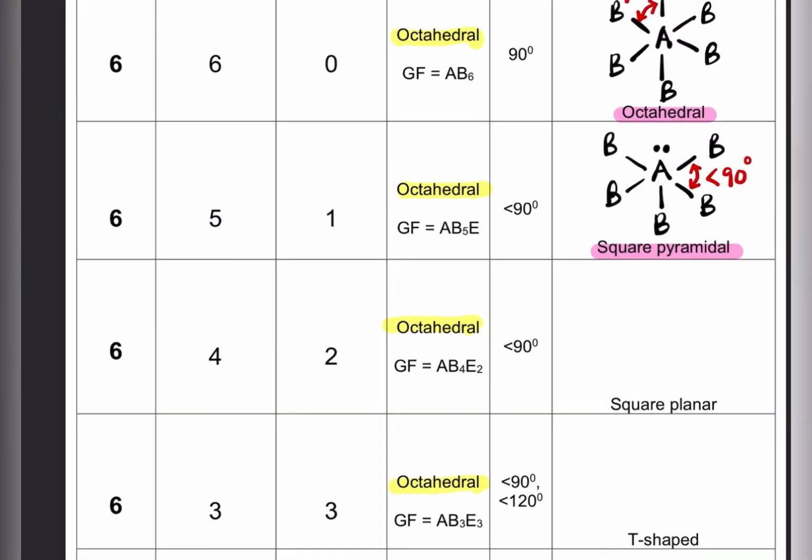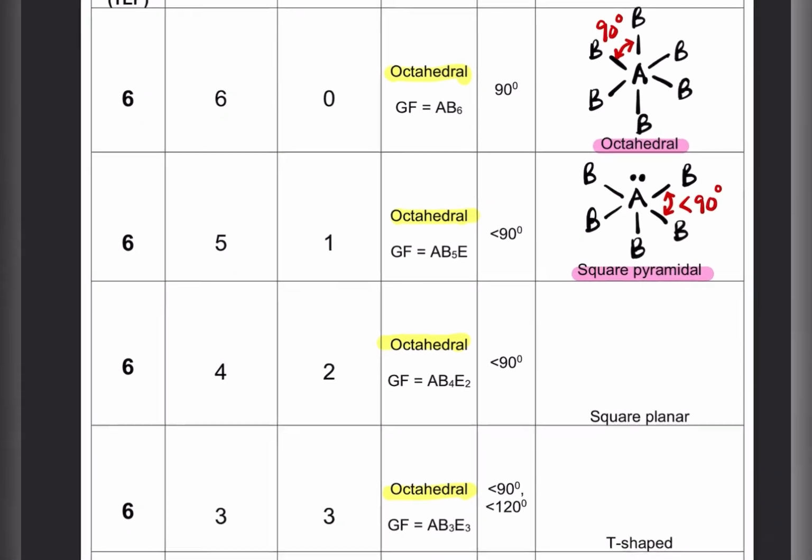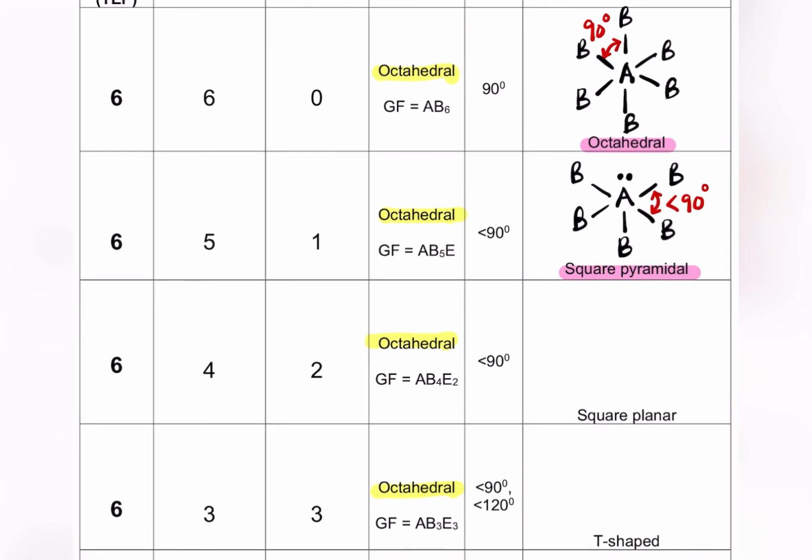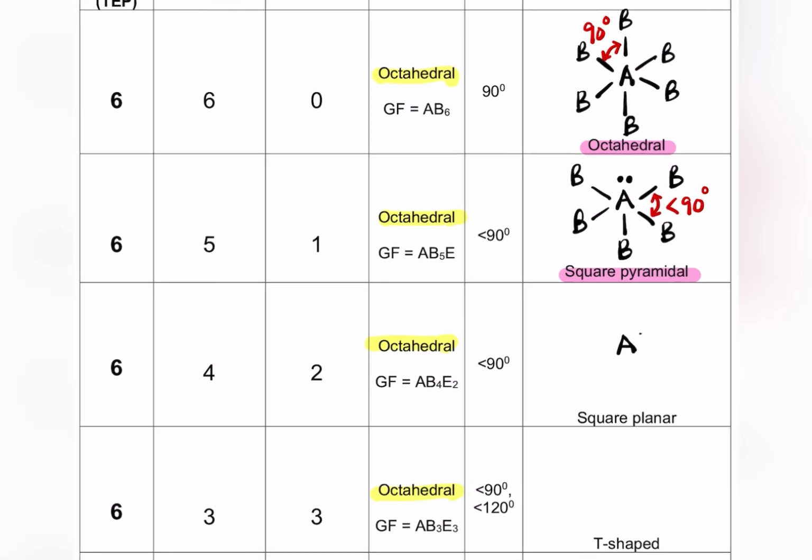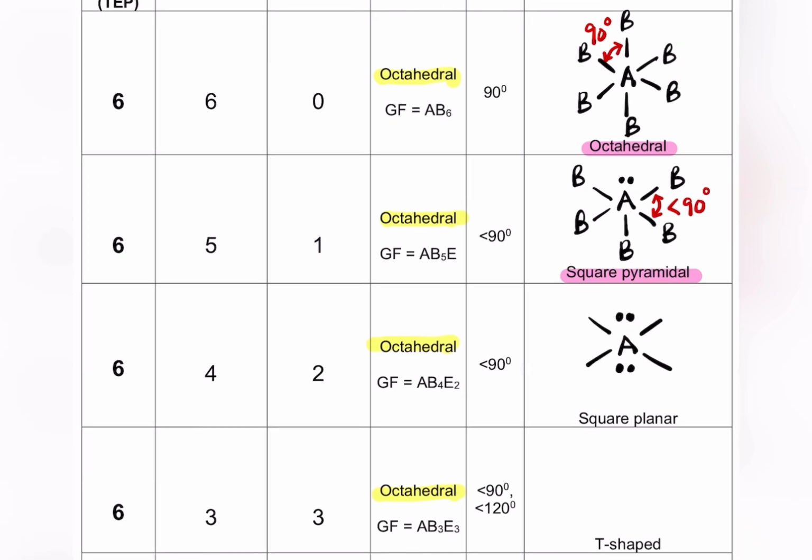Next one, kita go to square planar. Square planar adalah apabila you got AB4E2. So, got 4 bonding pairs. So, A in the middle. And then you got 4 bonding pairs. 1, 2, 3, 4. And 2 lone pairs. So, saya gantikan 2 di sini sebagai lone pair. 4 bonding pairs masih lagi kekal.